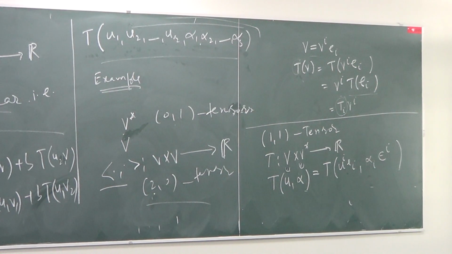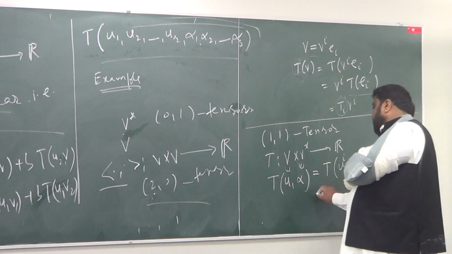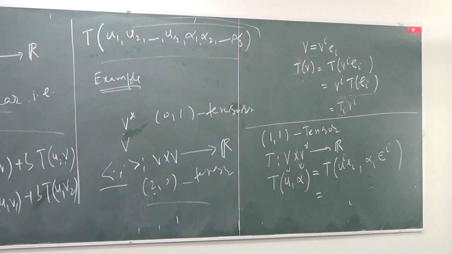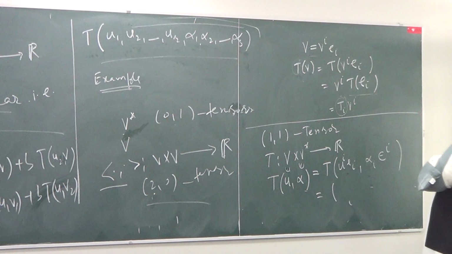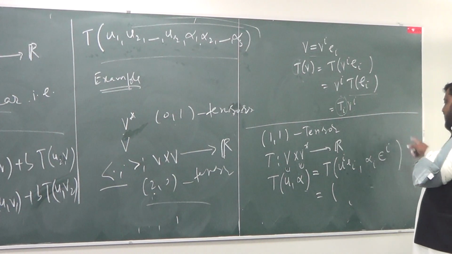And how can I know it? So T(U, alpha) would be, we use the linearity of the first component and the linearity of the second component. So T is operating onto this ordered pair.